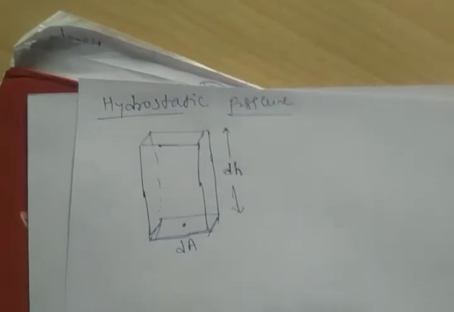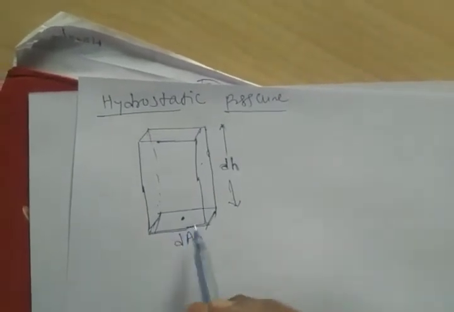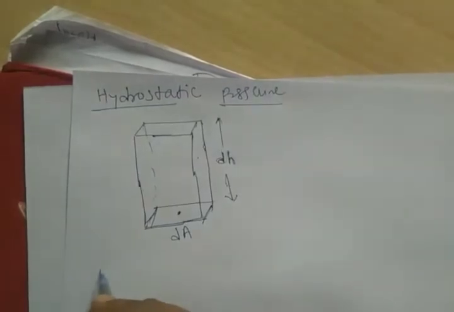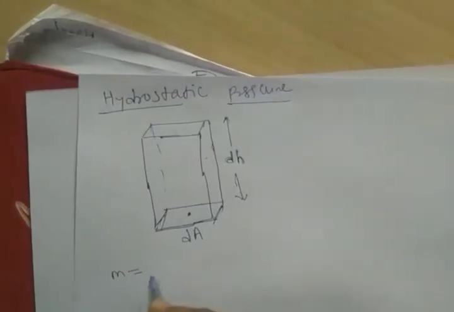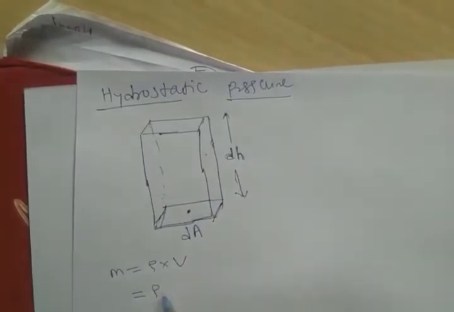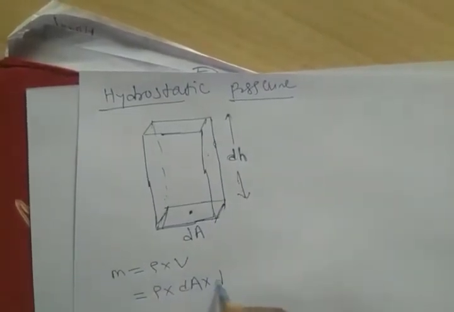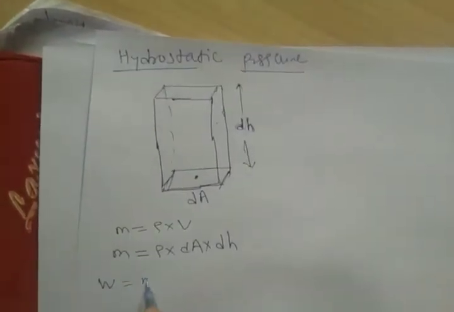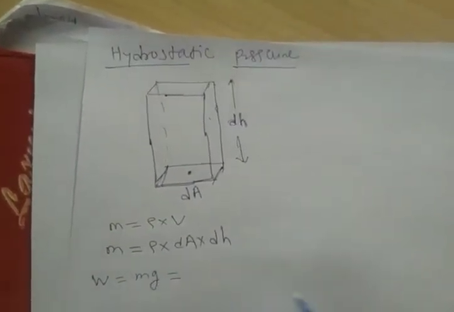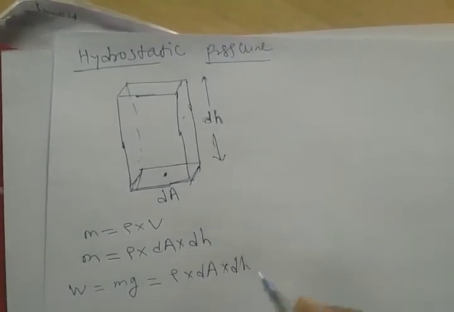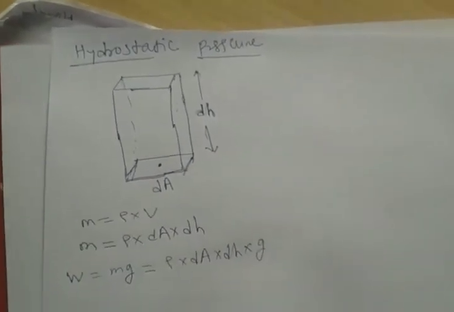So the weight of the water column above this point will be, mass equal to rho into volume, density into volume, equal to rho into dA into dh. So this is the mass. For weight, we have weight equal to mass into gravitational acceleration, mg, equal to rho into dA into dh into g.